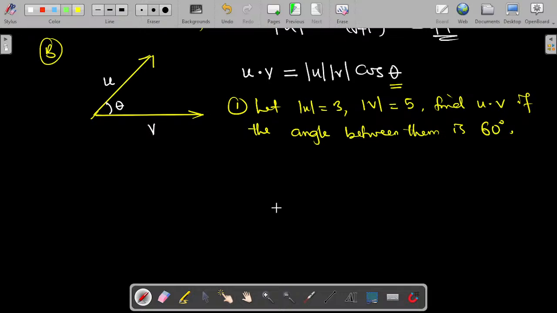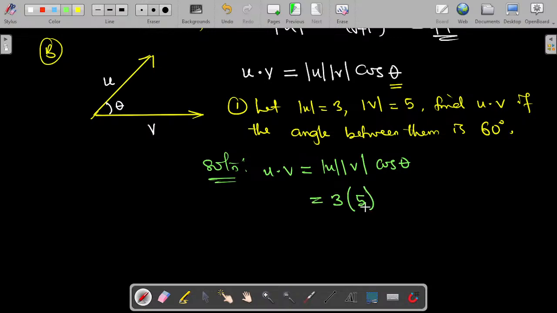You just use this formula. Your solution is very simple. u dot v is equal to magnitude of u times magnitude of v times cos of theta. Thank you, I like that. It means we are following. So magnitude of u is 3, times the magnitude of v, which is 5, multiplied by cos of 60.